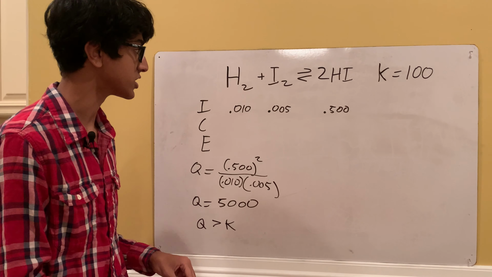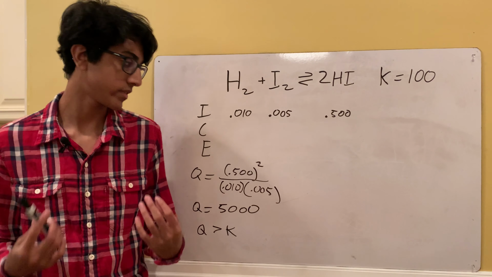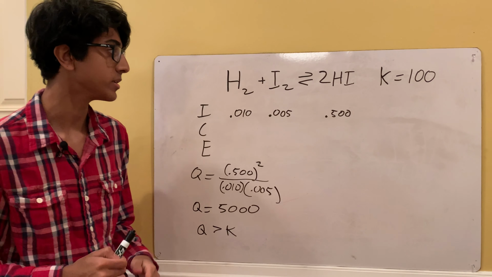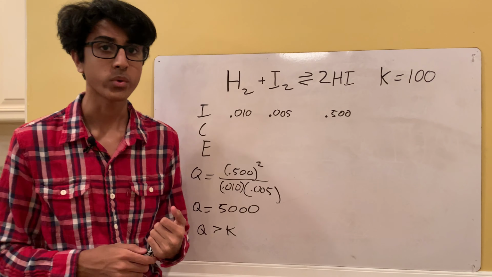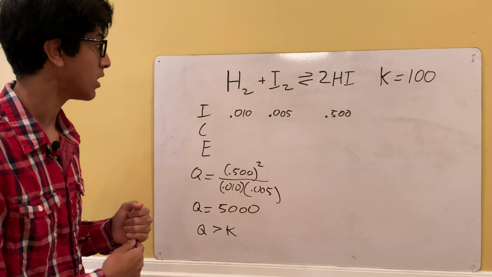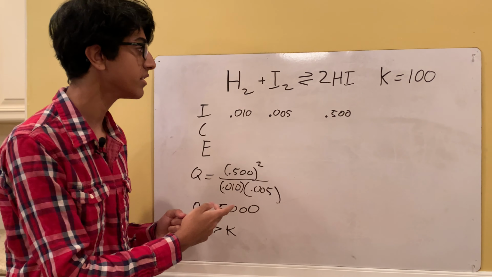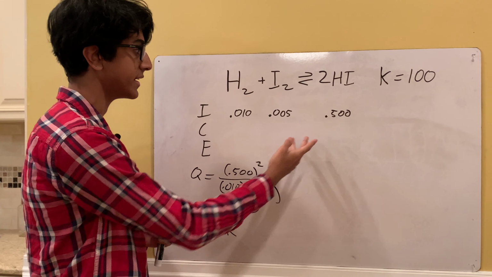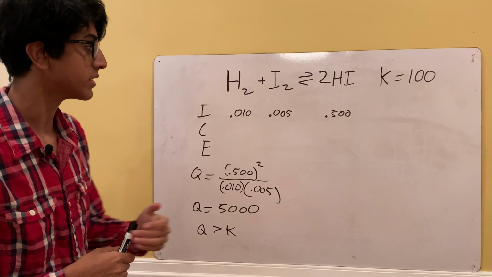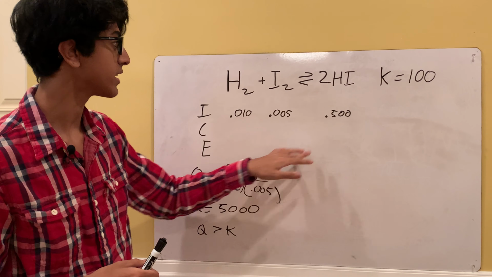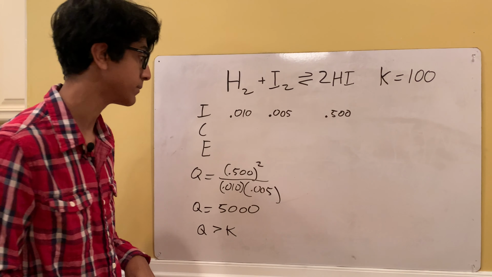So we can start off by writing the change. So since the reaction is going to be shifting towards the left, we know that the changes on this side are going to be positive, and this side is going to be negative, since it's going to be decreasing in concentration on this side and increasing in concentration on that side.